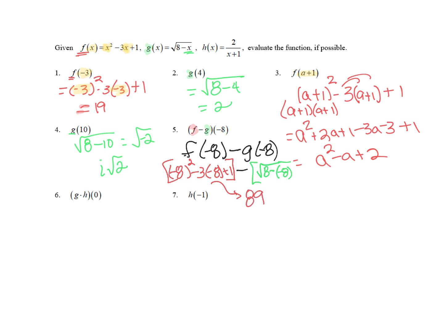That means you're doing negative 8 squared, and then you're going to multiply negative 3 times negative 8, which is positive 24, plus the 1. So you're going to get 89 out of that. On the other side, the square root of 8 minus a negative 8, that's 16, and the square root of that is 4. And so then I'm going to subtract those two values and get an answer of 85.